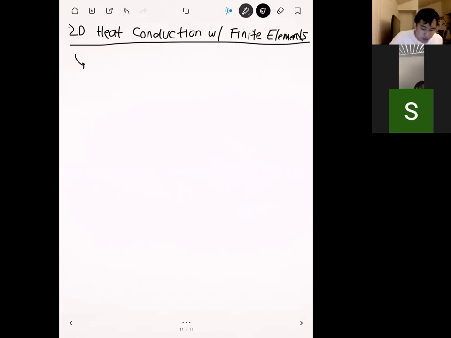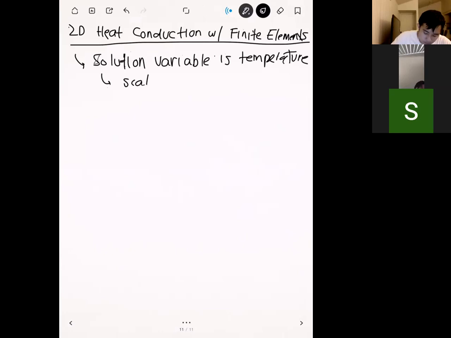The nice thing about heat conduction is that our solution variable is simply temperature, and the nice thing about temperature is that it's a scalar. Scalars are great because there's only one of them, so there's no 2 or 3 components.